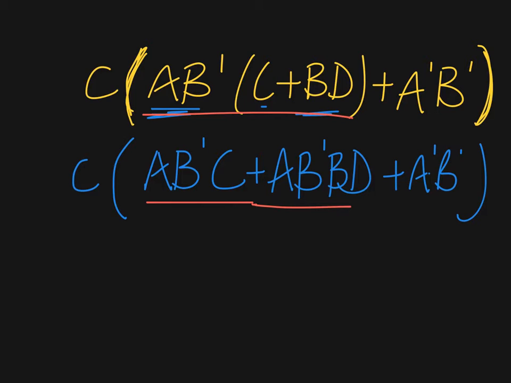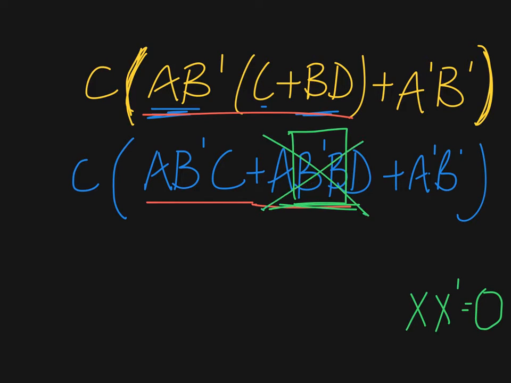We have multiplied out this inner bracket here. We now have an outer bracket, but before we do the outer bracket, it's worth spotting a pattern straight away. The very first pattern is if a gate is multiplied by its not, the rule is that it actually cancels to 0, which means that this term here can be cancelled out.